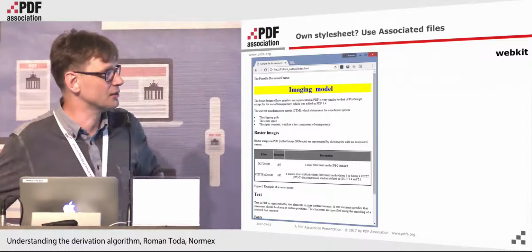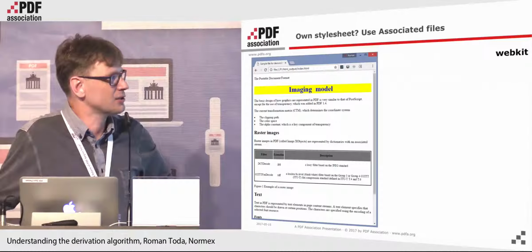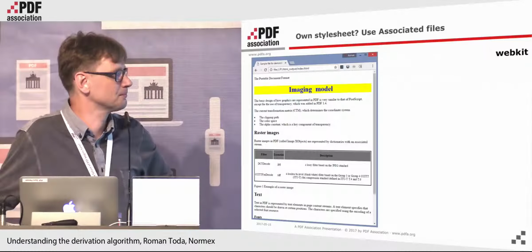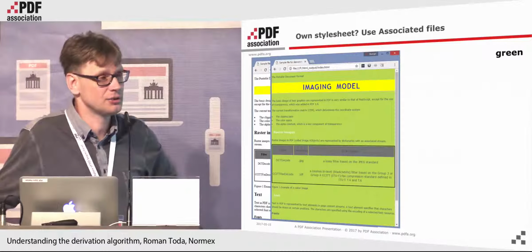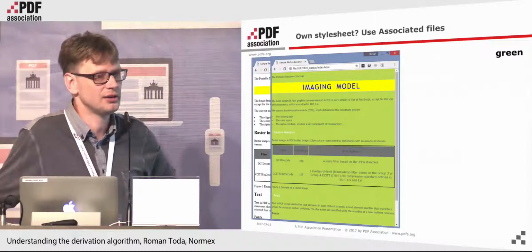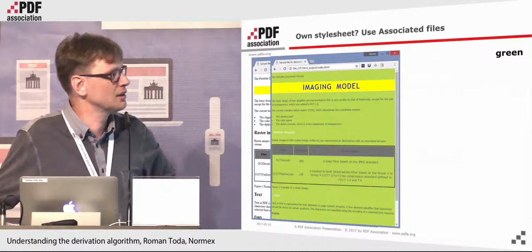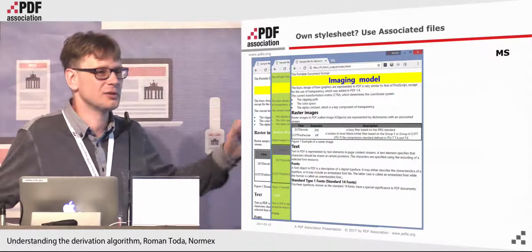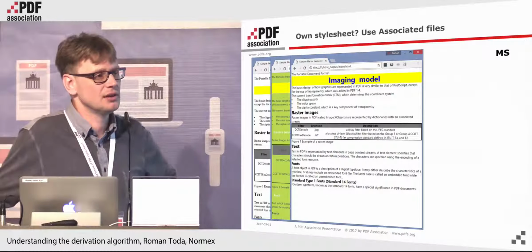But with WebKit's default style sheet, the document will look something like this. If I run the derivation on the same file with just another associated file on it, just a different style sheet, it looks different. If I take Microsoft's style sheet and just download it from Microsoft's site, it looks completely different.